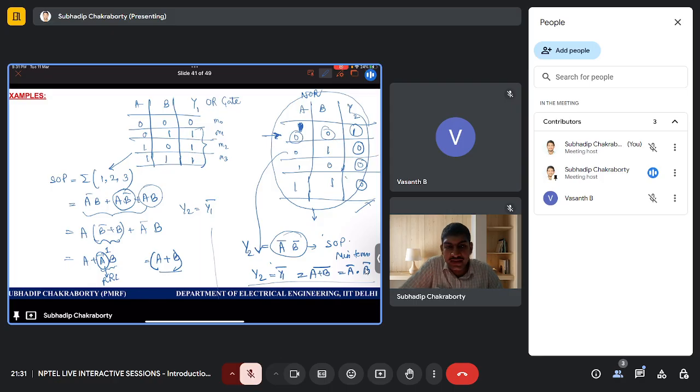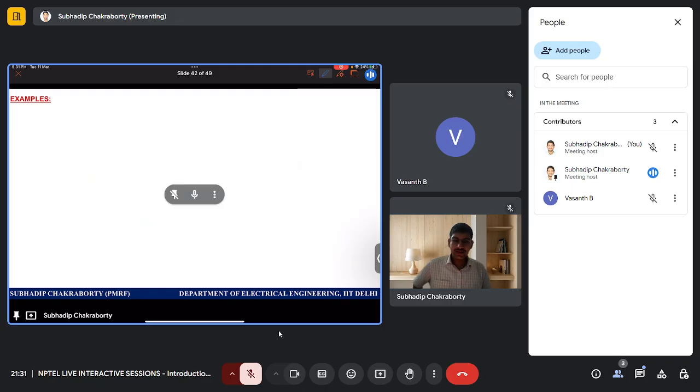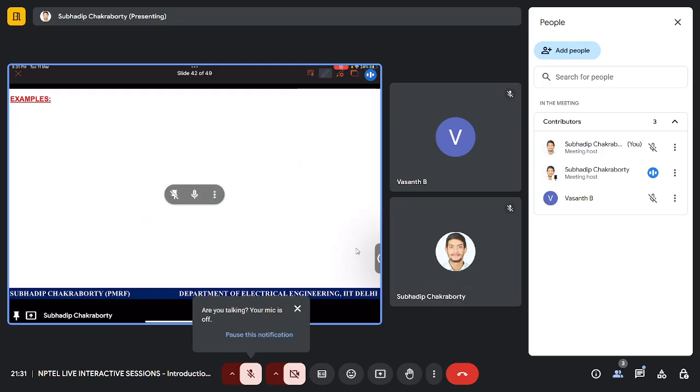So during Boolean reduction or logic simplification from a complete term to a reduced form, which you call non-canonical form, you need to reduce it using these theorems only. Otherwise, you cannot reduce the Boolean expression. So first, I will take only 3 examples, and that will take 5 minutes, and then I will leave you.